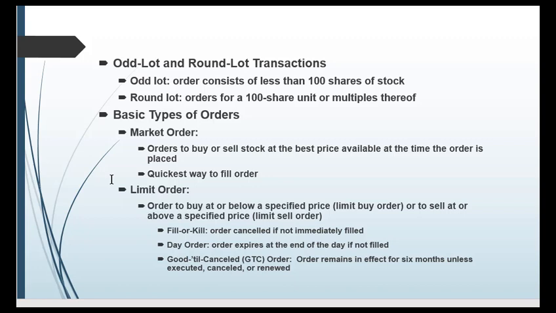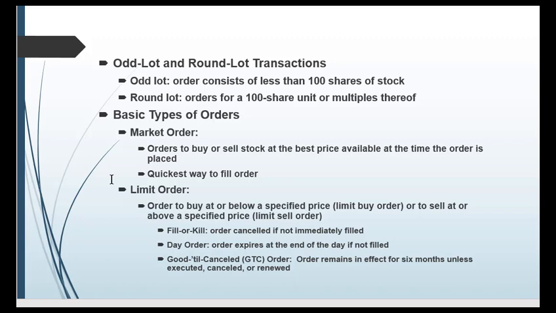So this is what's referred to as a limit order. You're going to tell somebody to buy the stock at or below a certain price, or sell it at or above another price. So you're going to tell them, look, if this is the price, I want you to buy it. If that's not the price, I want you to wait.